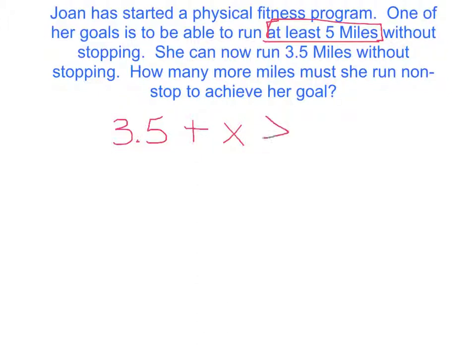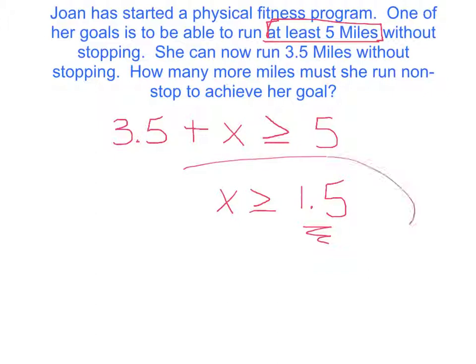She wants to run more than 5 miles, but she'd also be happy if it was exactly 5 miles. So here's the inequality to represent the situation, and now we solve it by just subtracting 3.5 on both sides. So x is greater than or equal to 1.5 miles. She'll be happy if she runs exactly 1.5 more miles or anything more than that.